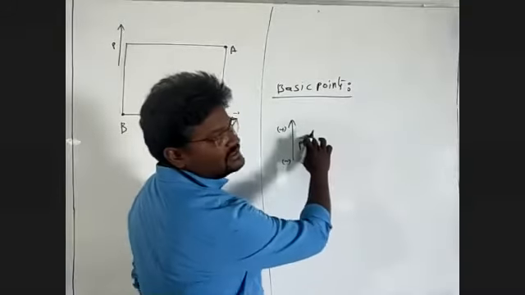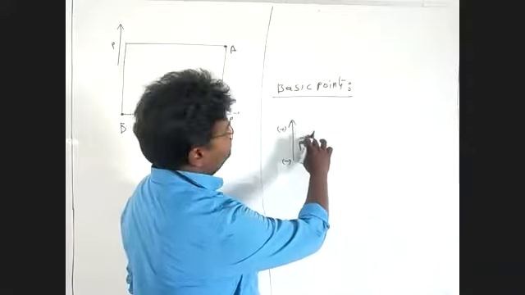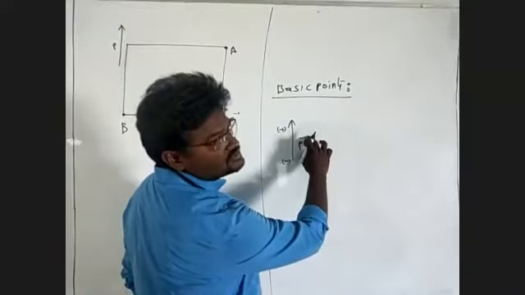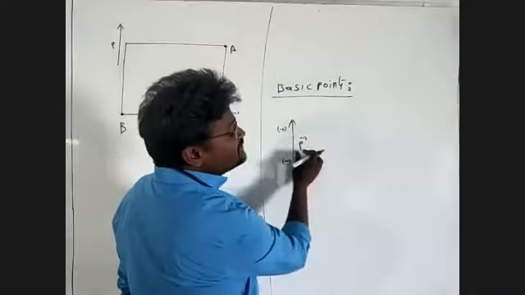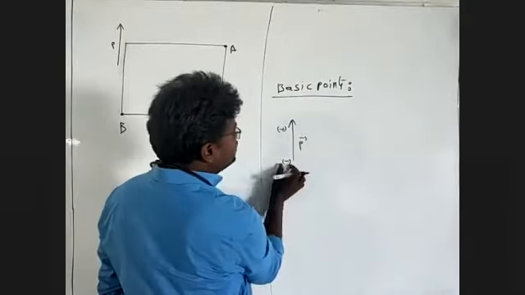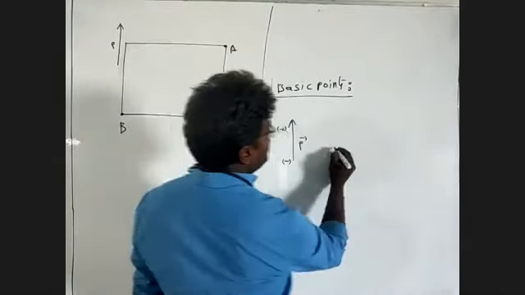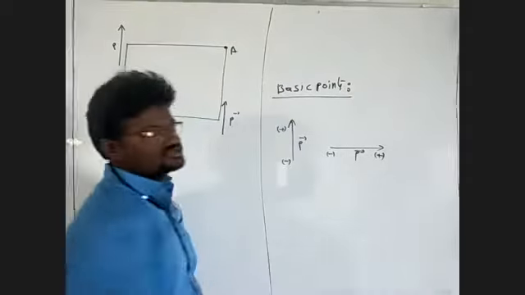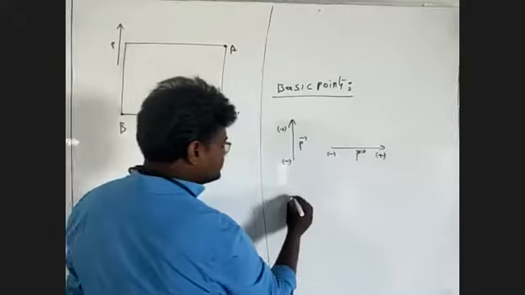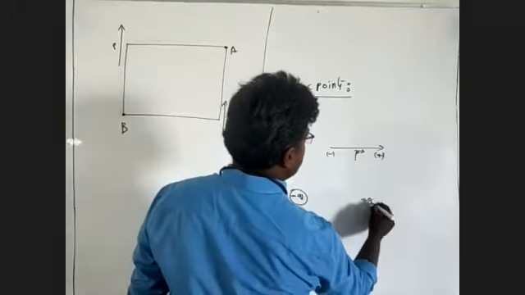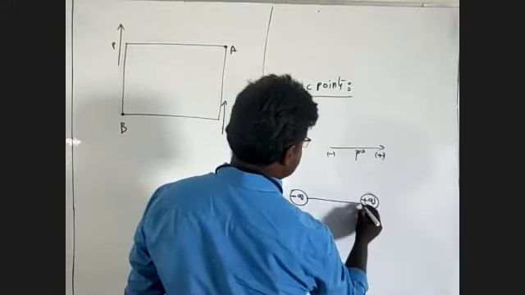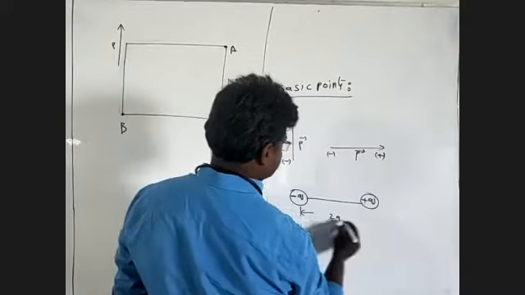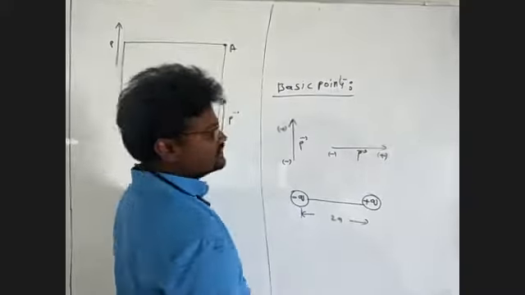P bar means the direction of the electric dipole moment. The direction of the electric dipole moment is from negative charge to positive charge. The distance between the two charges is 2a.